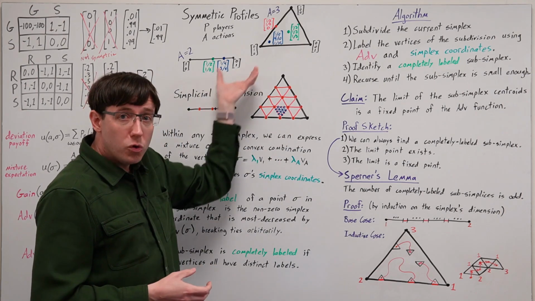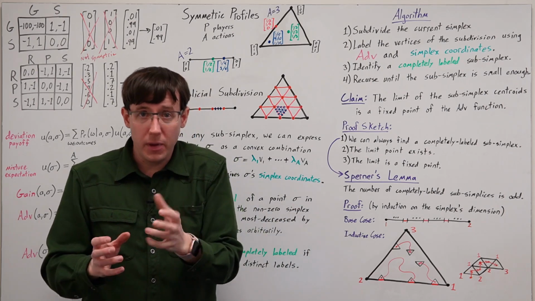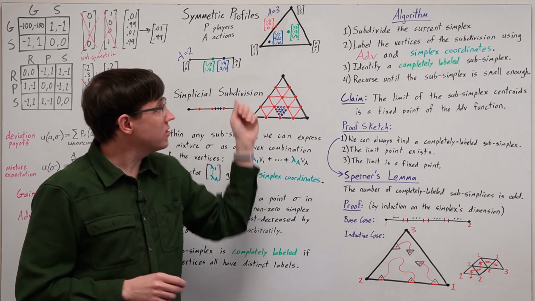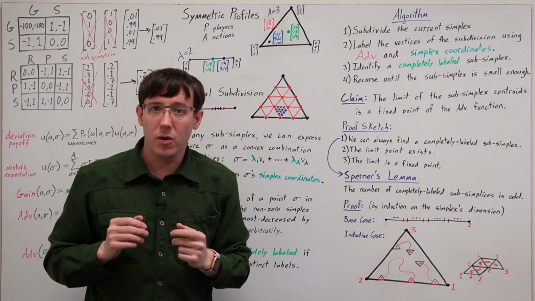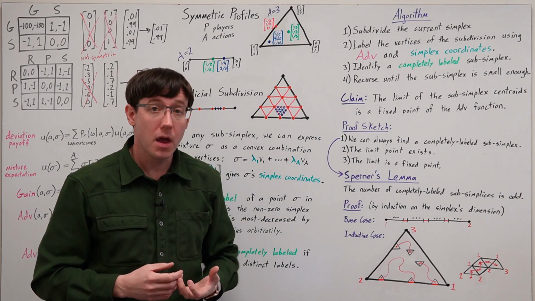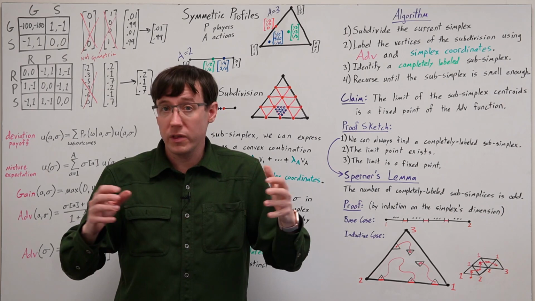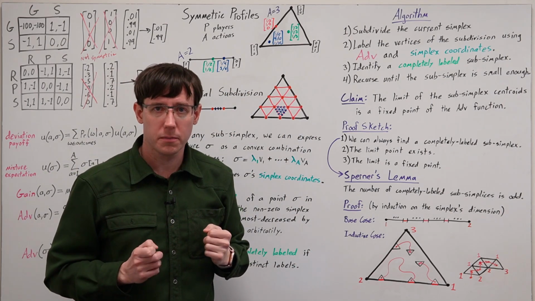For the 2 and 3 action simplices, we can draw them and think about different symmetric mixed strategies as different points in our drawing. And this will help a lot with providing intuition. But of course, many of the games we would want to solve will have more than 3 actions, and so we'll have higher dimensional simplices.